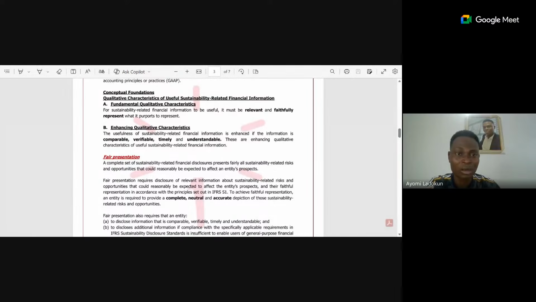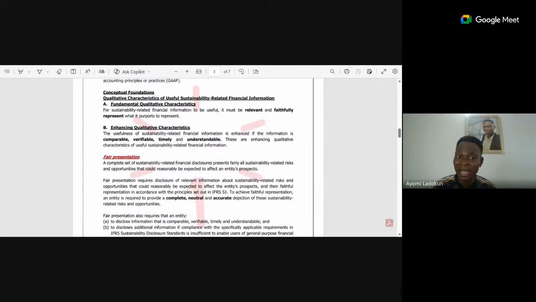So let's now look at the conceptual foundation. As I said earlier, the qualitative characteristics of useful sustainability-related financial information. So you have the fundamental qualitative characteristics and you have the enhancing. Just like the IASB, there are two fundamental ones: it has to be relevant and a faithful representation, right? Faithful representation, it has to be complete, neutral and free from error, right?